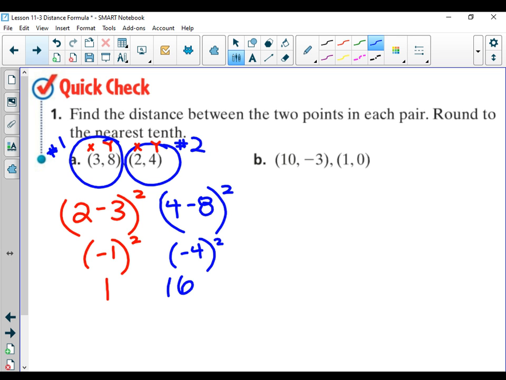The answer is 17. Square root. Add 17 square root. So the distance between those 2 points is something close to 4.